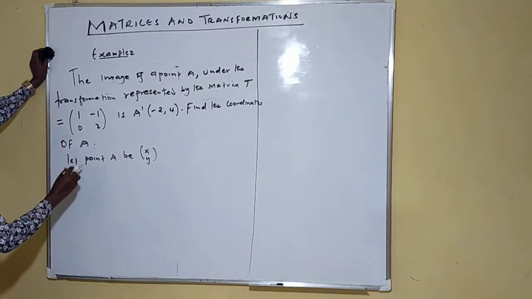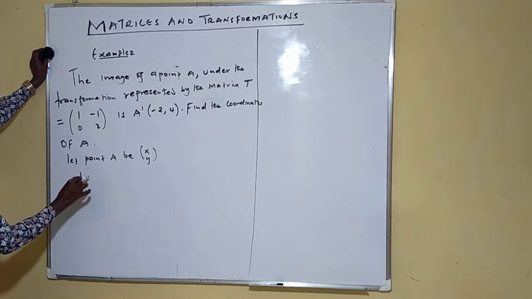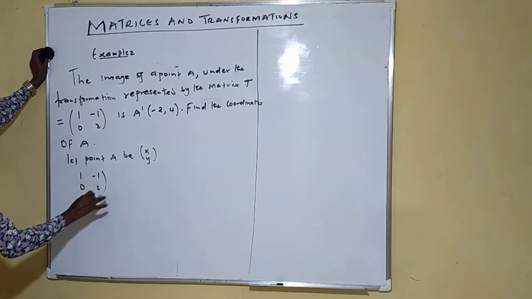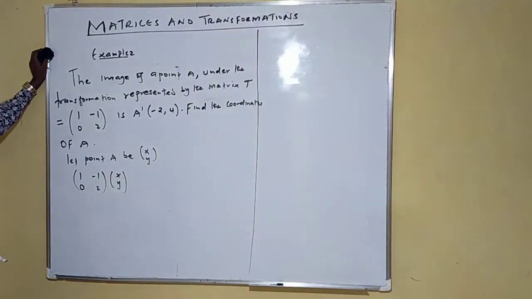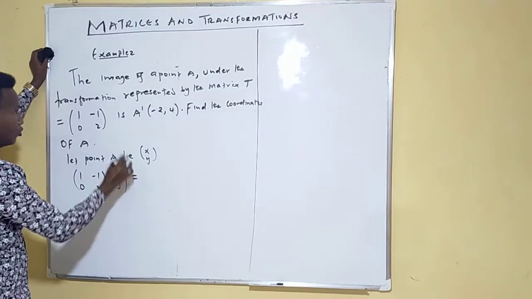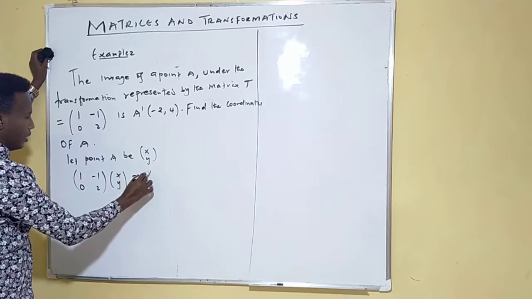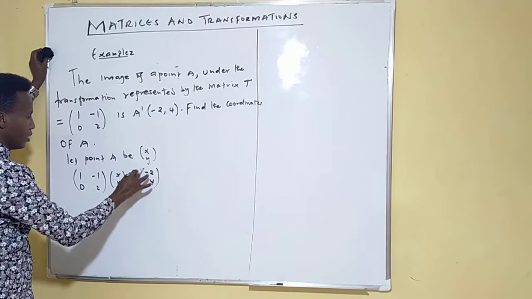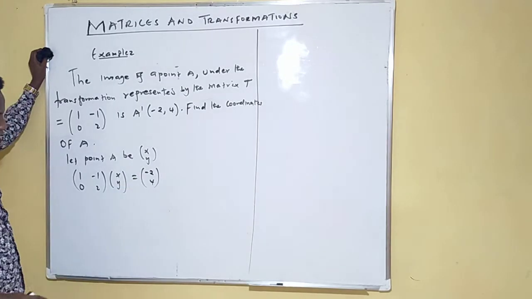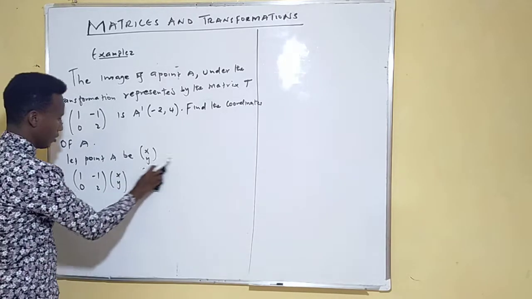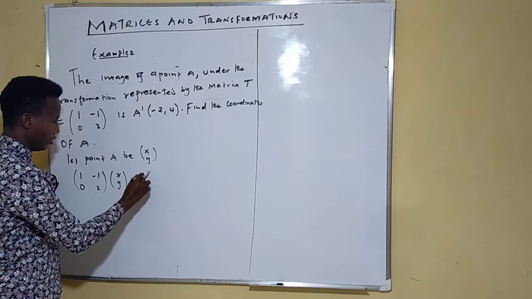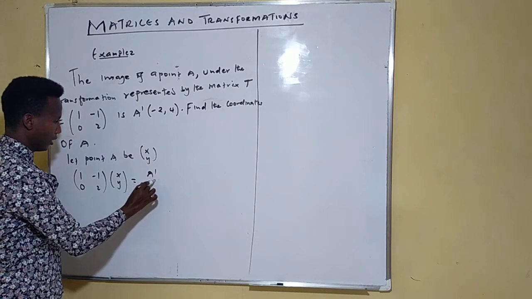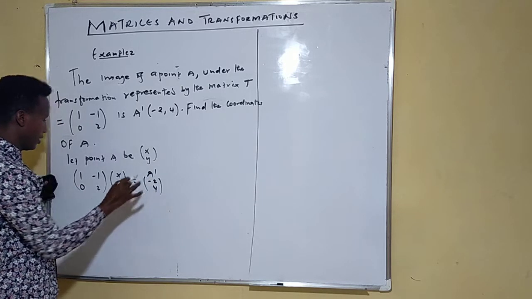This is the object point, don't forget. So we are going to say, look here, 1 0 negative 1 2 into x y, the point written in column form, is equal to A prime, which is negative 2 4. Just understand that.